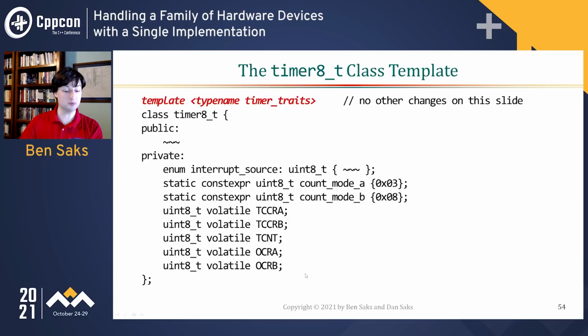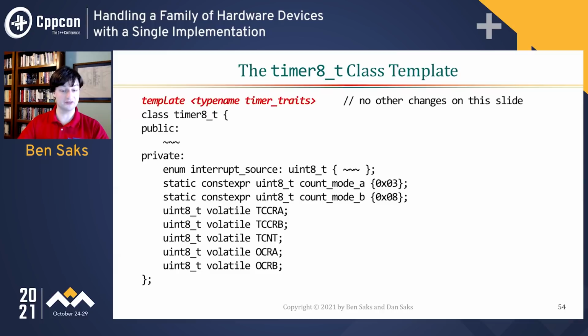An alternative approach would be to make these data members pointers to these registers, so that you would not have to place your timer 8t object so that it overlaps those specific memory mapped locations. You would just write your timer 8t object so that its constructor fills in the appropriate values for the addresses of these registers.